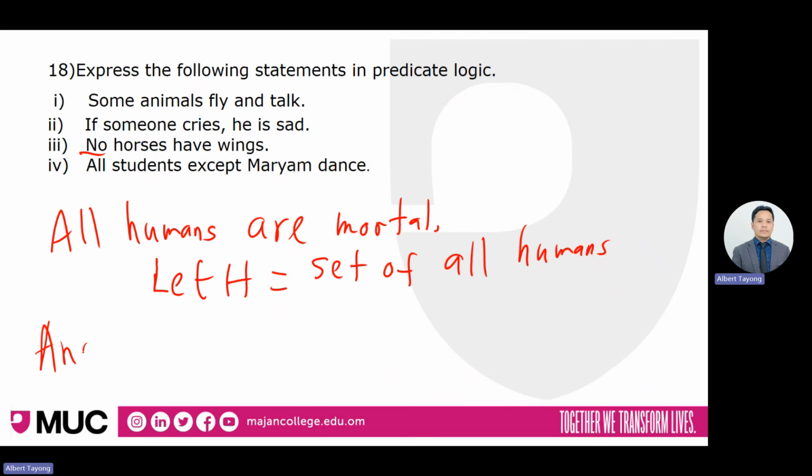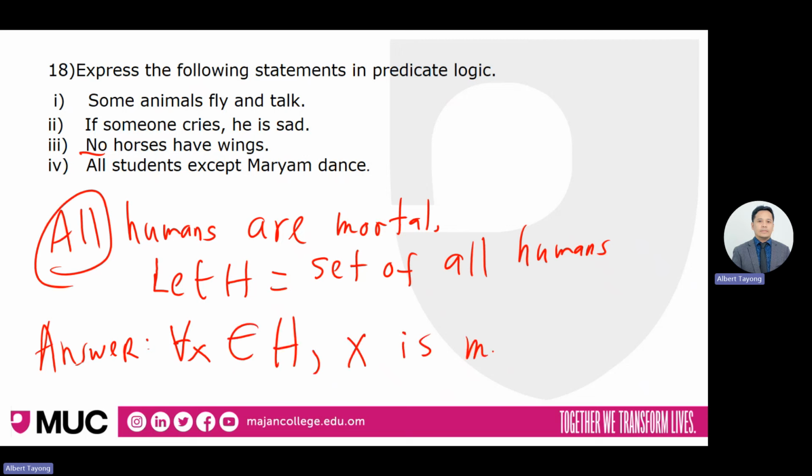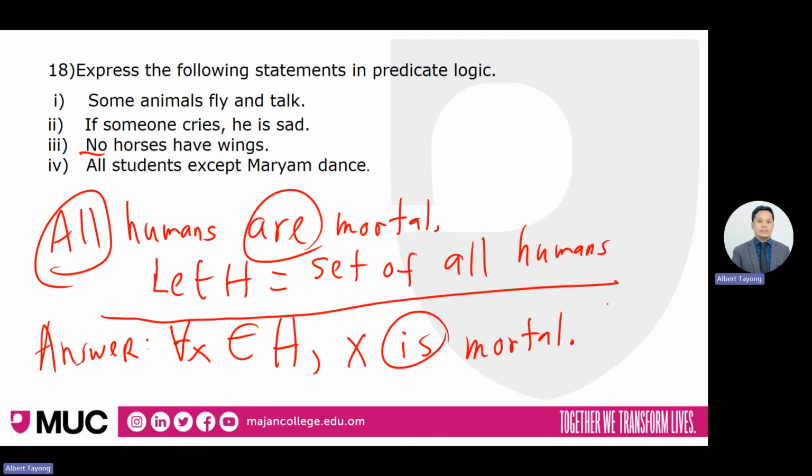So our answer would look like this. Because of all in H, comma, X is mortal. So we use is, not are, because again, we have to use singular because it's every X.